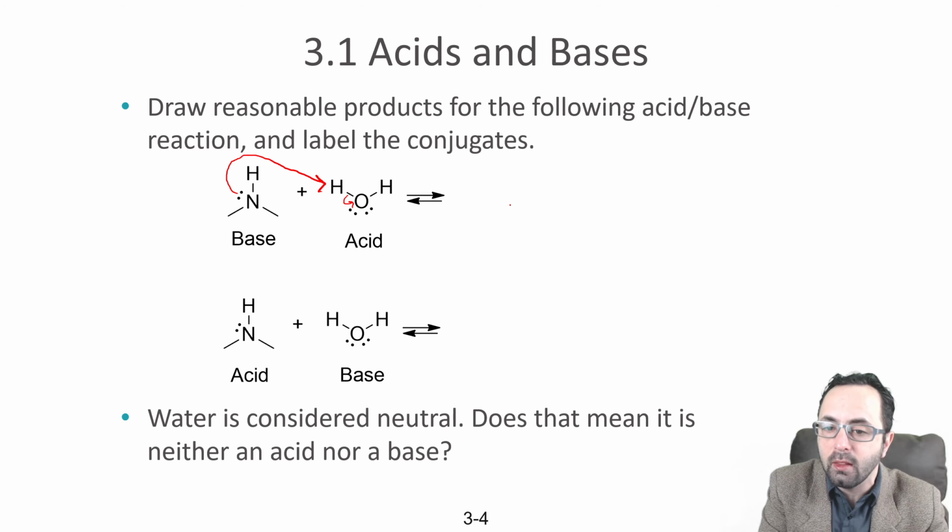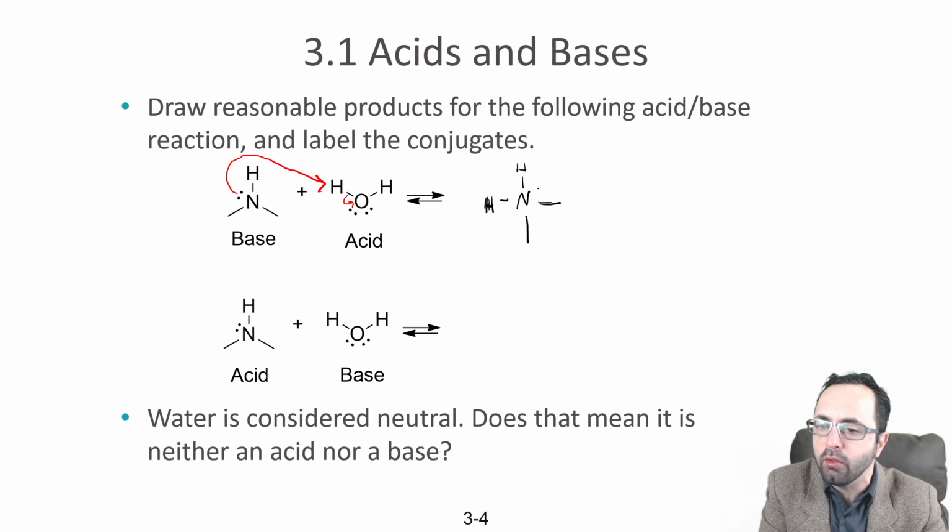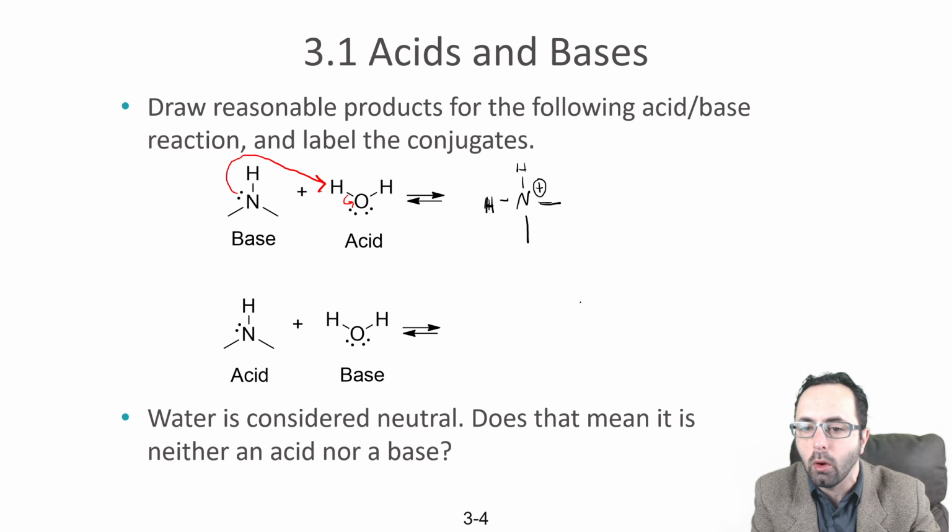And so these 2 electrons in this bond are left behind on the oxygen. And so in the end, we end up with a nitrogen that is making 4 bonds. And so it has another hydrogen here. This is the one that just got there. And it has a bond to a carbon here and a bond to a carbon here. And so since this nitrogen is making 4 bonds and has no lone pairs, it has a +1 formal charge.